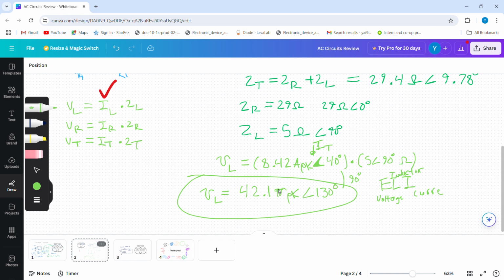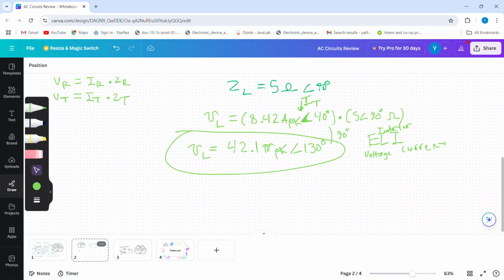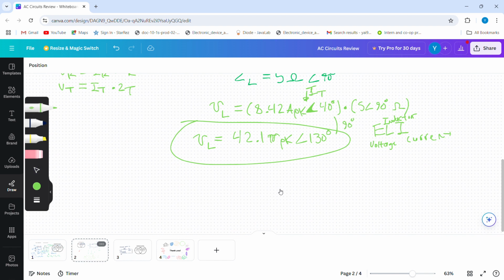Okay. Now we are good to start the next part of this problem. Let's find the voltage of the resistor. Same idea. We're going to take that same current value, 8.42 amps peak, and this time multiply by the resistance, and the resistor was 29 ohms.